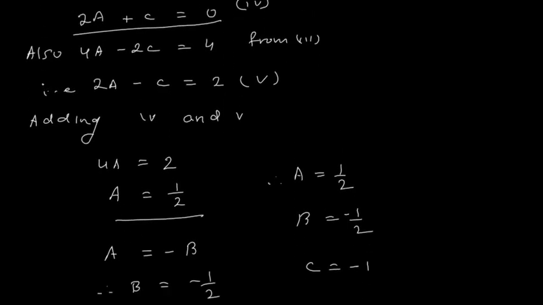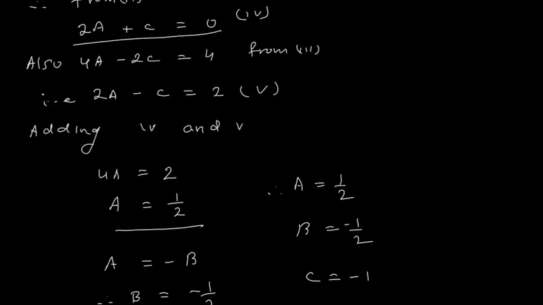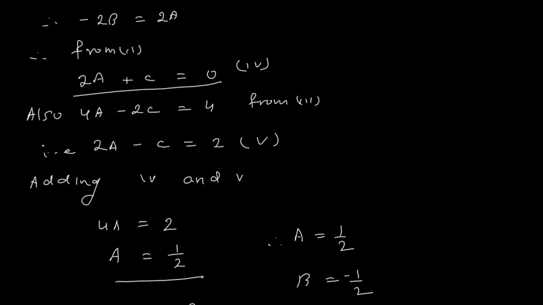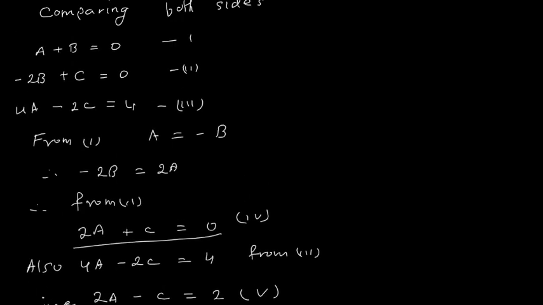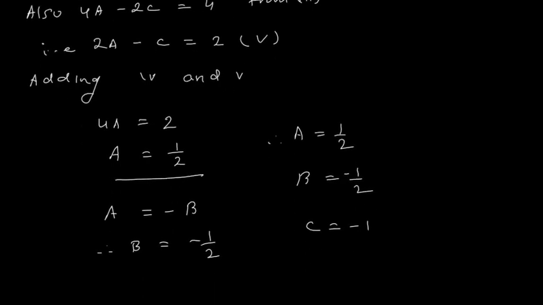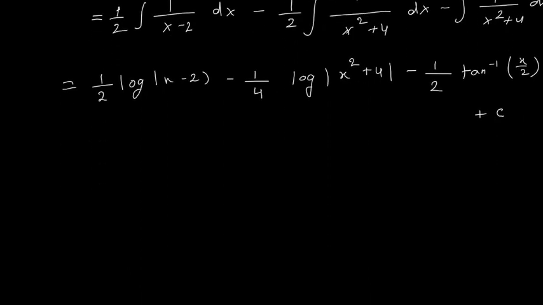For getting c, we used 2a plus c is 0 from equation 2. The value of a is half. And the last equation is 4a minus 2c is equal to 4. Okay, then it's fine. Now let us move to the 8th question.